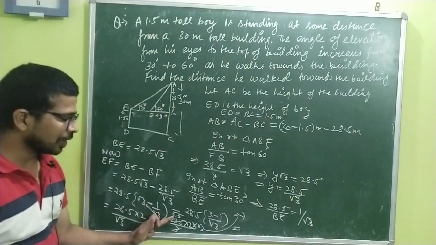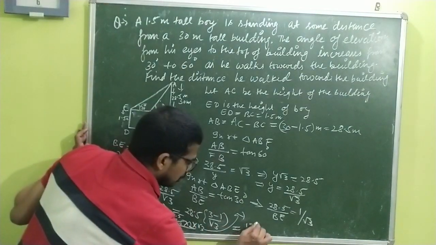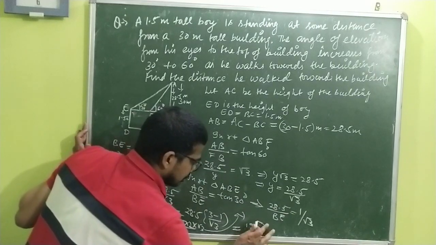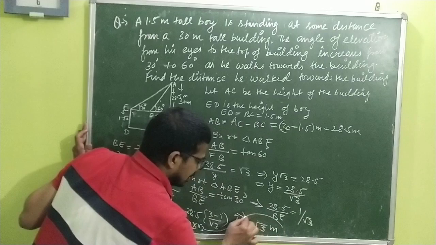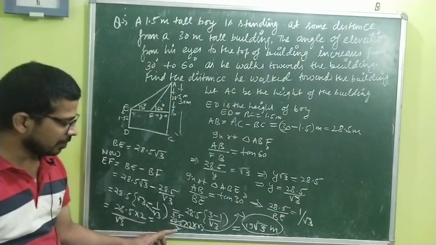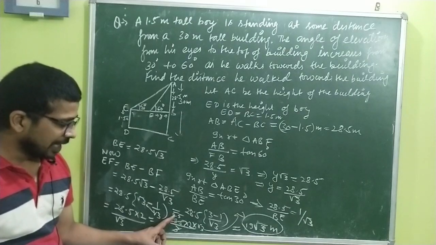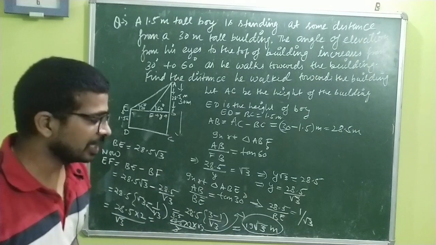Okay, 9.5 into 2 will become 19 √3 meter. This will be your final answer. What we have done, you understood there.